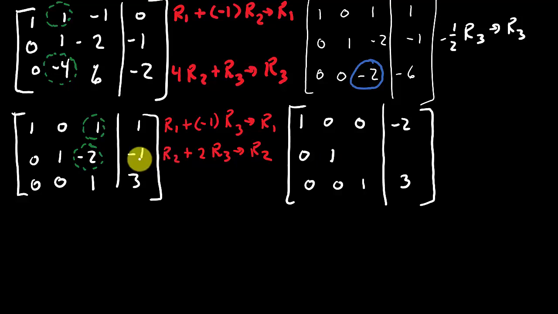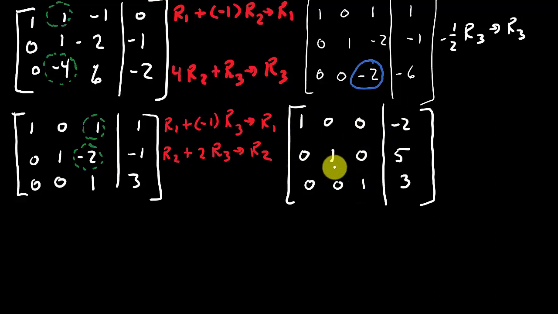And then I've got what? -2 plus 2 times 1, so -2 plus 2 is 0. And then here I've got, let's see, -1 plus, and 2 times 3 is 6, so -1 plus 6 is 5. All right. So now you can see that I've got my 1s on the main diagonal and 0s everywhere else.